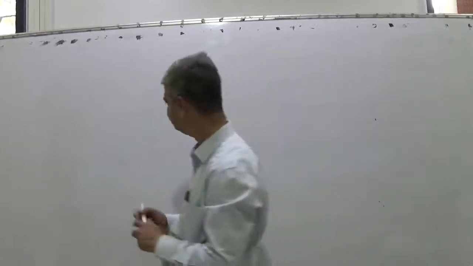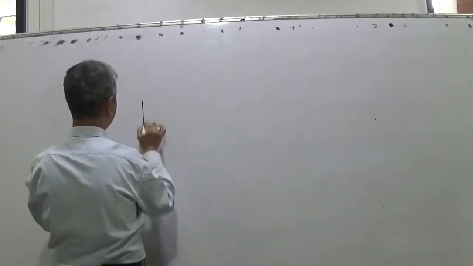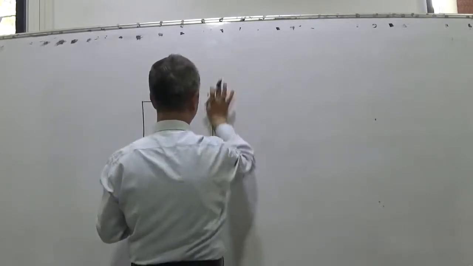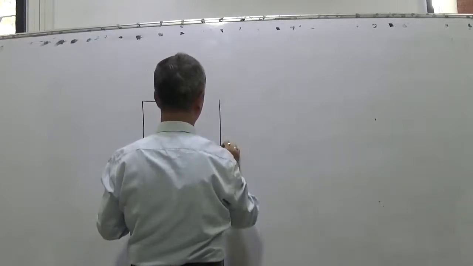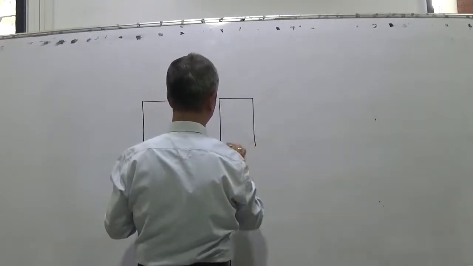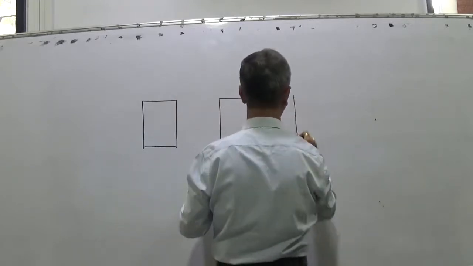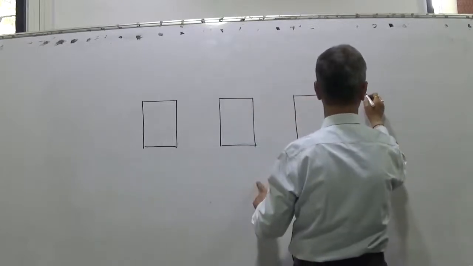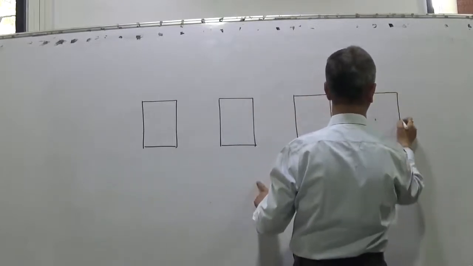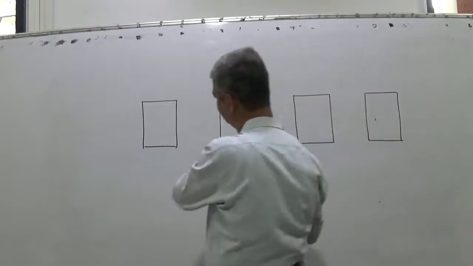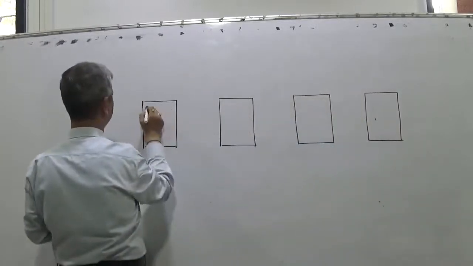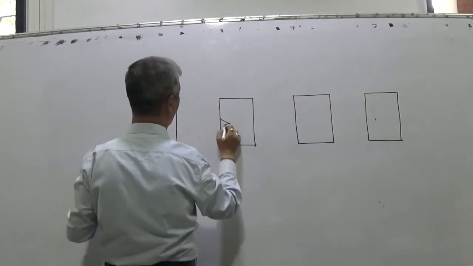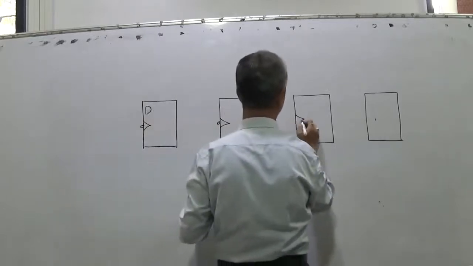A 4 bit register means 4 D flip-flops. Clock of all flip-flops is made common.